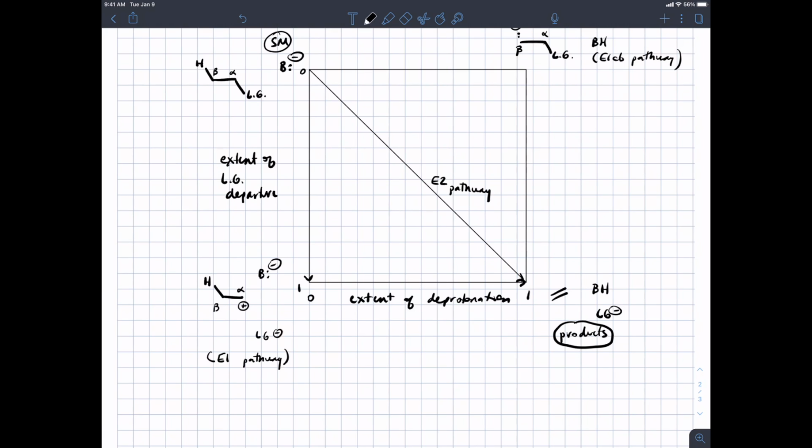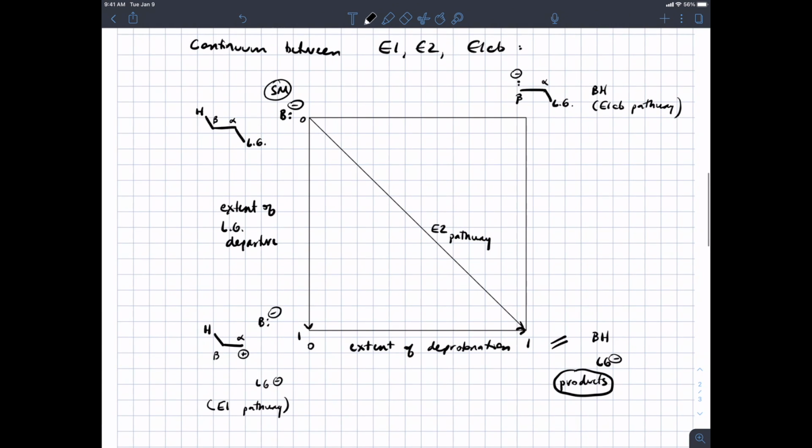Okay? Questions about how we've set things up? That's right. Yeah, E2 is an intermediate case between E1 and E1cb. And now we can, with this, other questions.